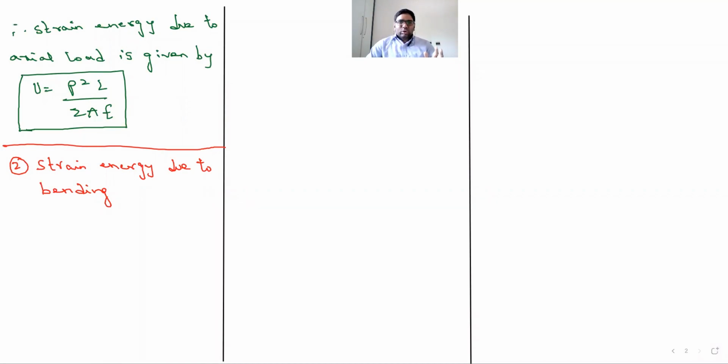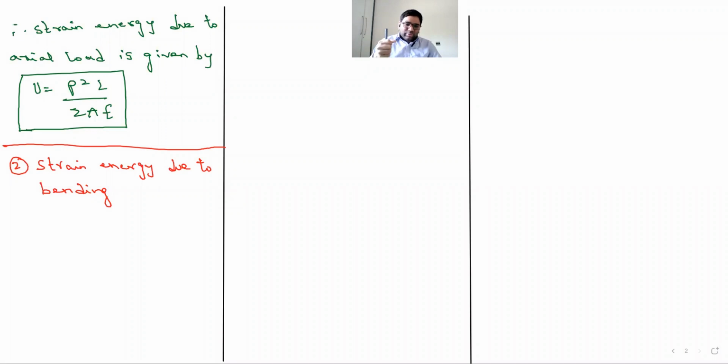Bending means you all might have calculated the bending moment for a beam, isn't it? When a beam is subjected to any kind of loading, it will bend. And when it is bending, some amount of energy will be stored, isn't it?